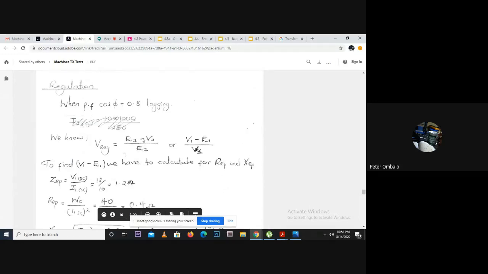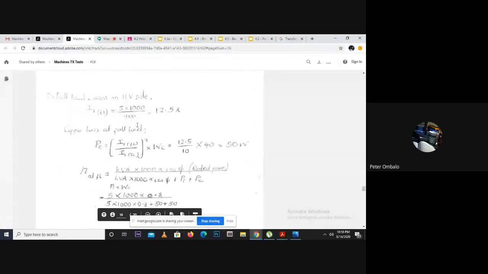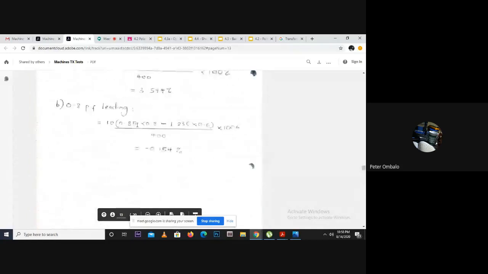E2 minus V2 divided by E2. So E2 minus V2 is going to be the voltage between the short circuit components, and then we divide that by E2. It's still the same thing as what we did here, but using a different formula.